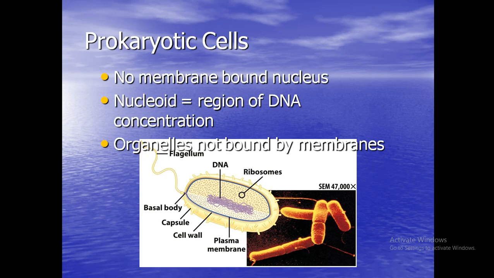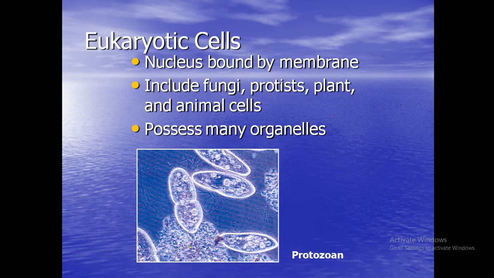They are not externally covered by membranes. So that's why the prokaryotic cells are considered as very primitive type of cells without any membrane bound nucleus. There is no distinct nucleus. So that's why the DNA concentration is seen in the cytoplasm. And cell organelles are also not bounded by the membrane.